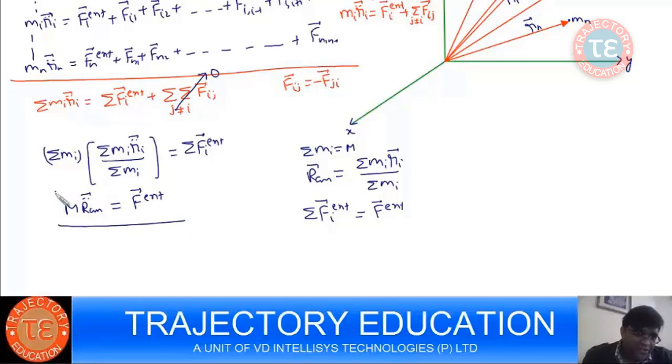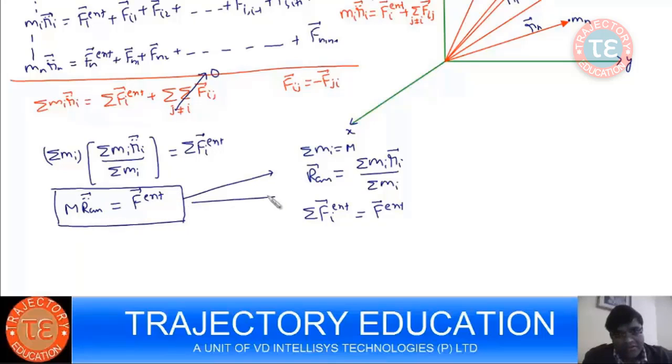So this is going to be a very, very important equation, where M is this, and Fext is this. See, this is important.